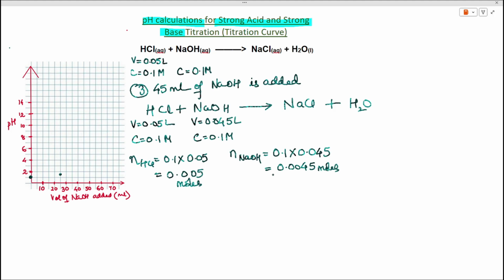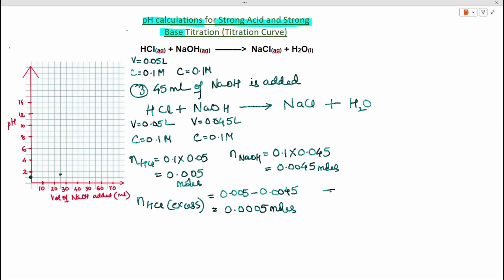Still, we can see that NaOH is the limiting reagent. So we'll find the number of moles of HCl which are in excess. So that we can obtain again by subtracting the 2 moles, which is 0.005 subtract 0.0045. So this gives us 0.0005 moles. So these are the excess number of moles.